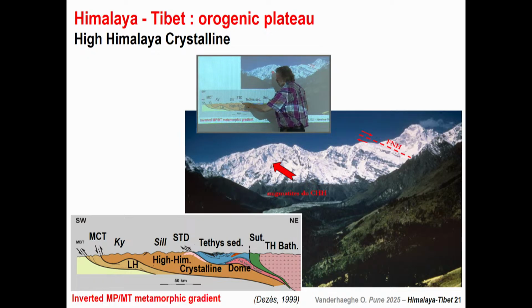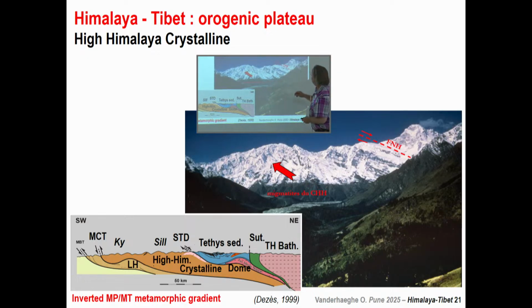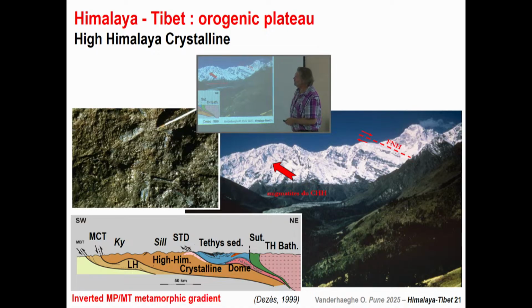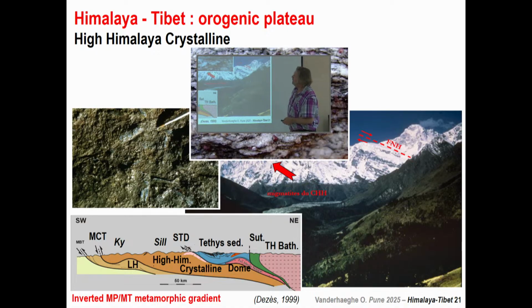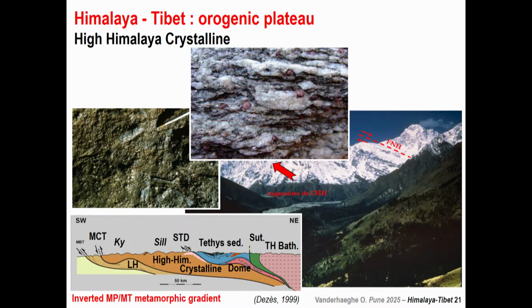And that normal fault is also associated with localization of the pink here, which is a leucogranite. And leucogranite is here. So also, moving a bit too fast.